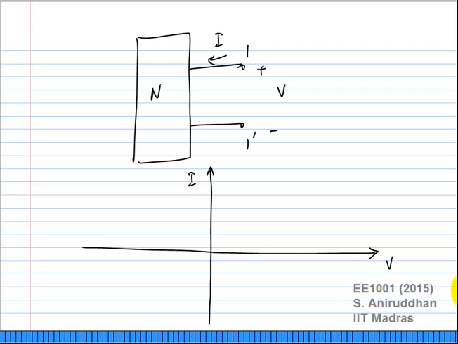Straight line passing through the origin. Anybody else? Any other ideas? If only resistors, straight line passing through the origin. What if it contains resistors and control sources? So he's right. If it contains only resistors, you should get a straight line passing through the origin. It's a purely linear network. If you have control sources, what will you get?